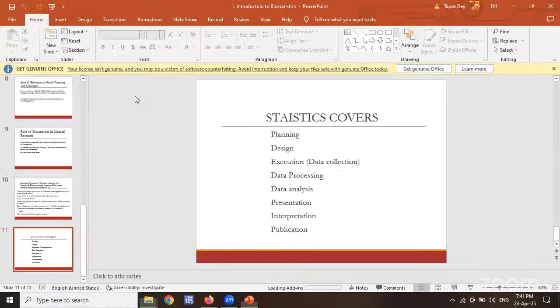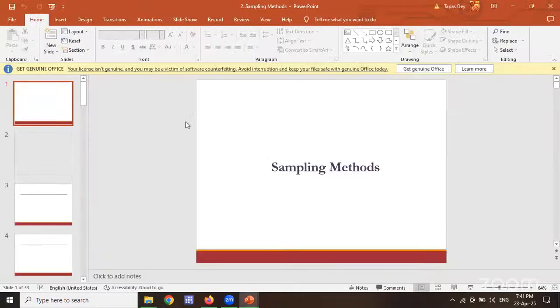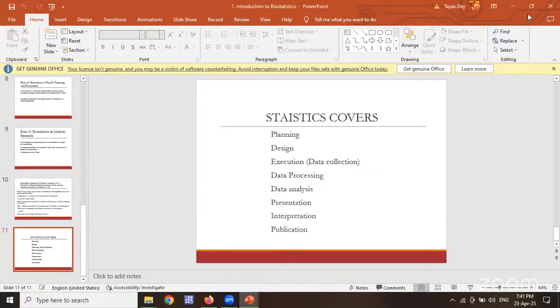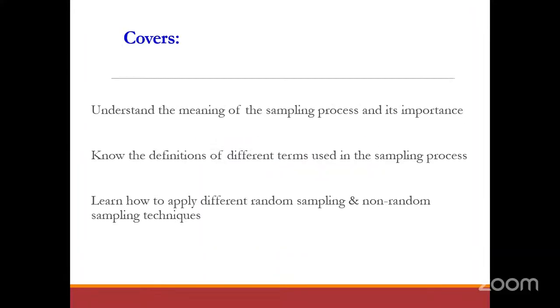So after that, I will come to the sampling method. So mainly the sampling method gives the understanding of the sampling process and its importance, meaning in which situation what kind of sampling methods we have to use and how to apply them in different kinds of samples or populations.